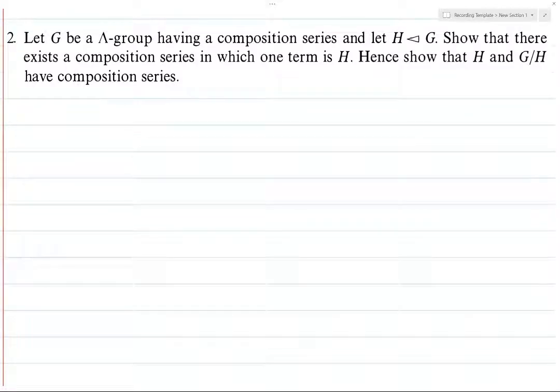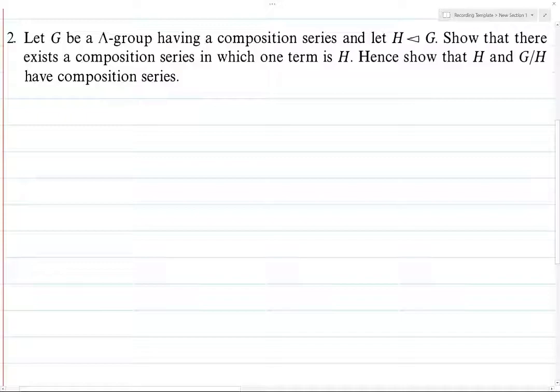Alright, let's talk about composition series. Now, in Jacobson, he actually talks about lambda groups, and that's something that I didn't quite learn about when I learned this topic in class. And just from briefly looking through it, it looks like there isn't really much else to lambda groups.